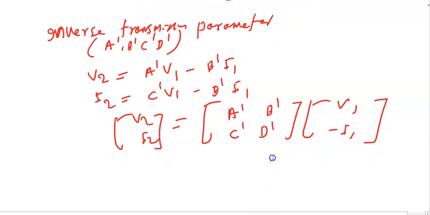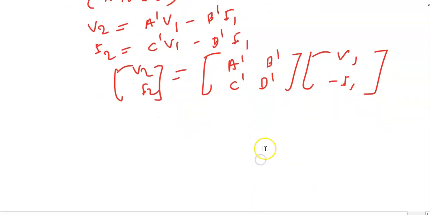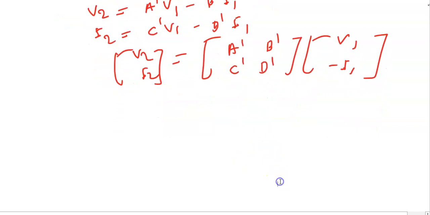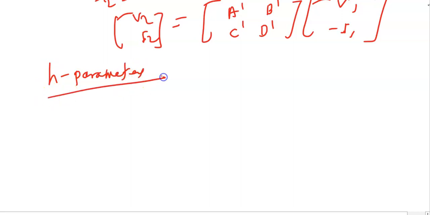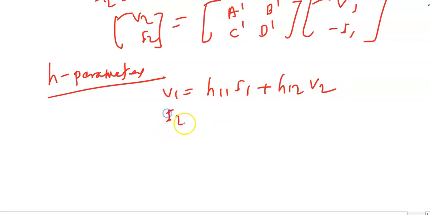Let us move to the hybrid parameters or H parameters. H parameters relate V1 is equal to H11 I1 plus H12 V2, and I2 is equal to H21 I1 plus H22 V2.